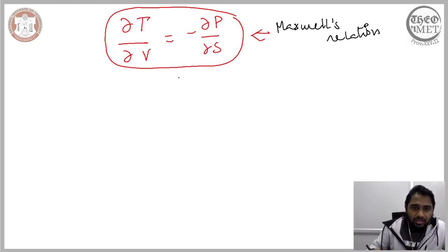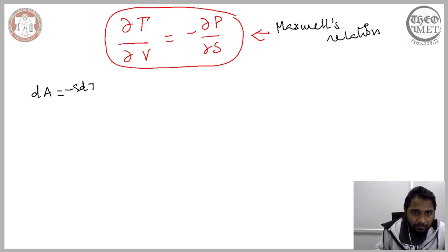If you consider the expression for the change in the Helmholtz free energy, it is expressed as minus S dT minus P dV. So this is the expression for the Helmholtz free energy. According to this expression, the Helmholtz free energy is dependent on temperature and volume.